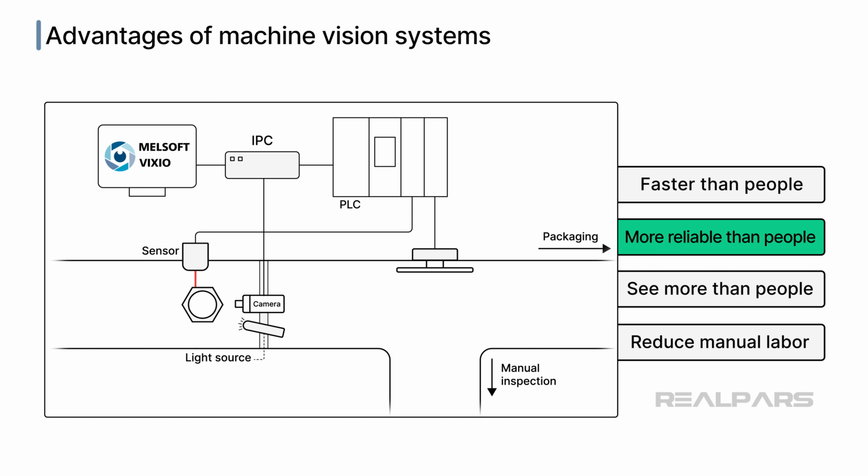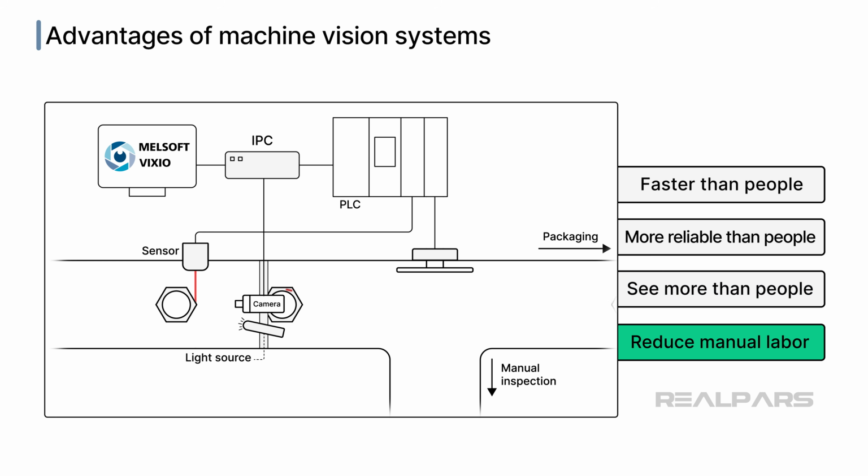Machine vision systems are more reliable than people. A machine vision system doesn't get distracted or have a bad day, so the results of automated inspections are consistent and reliable. Machine vision systems see more than people. Modern high-resolution cameras can accurately measure and inspect parts to detect minor flaws that people may miss.